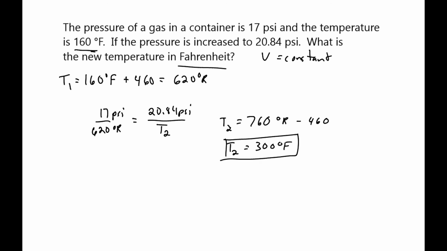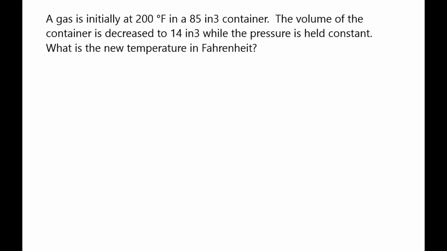Alright, so a gas is initially at 200 degrees Fahrenheit in an 85 inches cubed container. It doesn't translate well when I put it into this program. The volume in the container is decreased to 14 inches cubed while the pressure is held constant. What is the new temperature in Fahrenheit? So we gotta convert temperature again. So temperature is going to be 200 degrees Fahrenheit plus 460 equals 660 degrees Rankine.